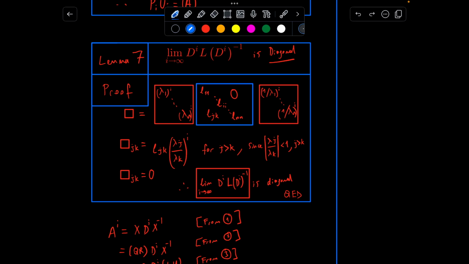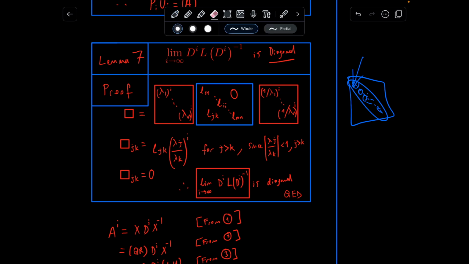And one additional statement here, maybe I should have made it earlier, we define D such that the eigenvalues are on the diagonal and such that it is in descending order, right?